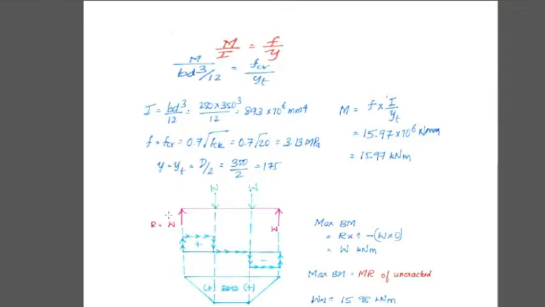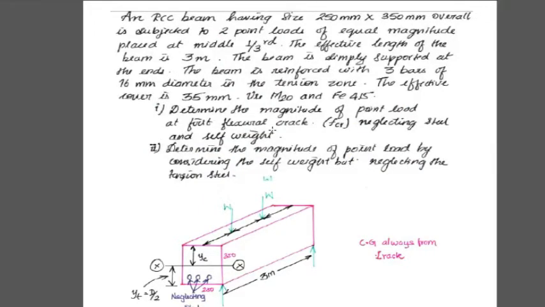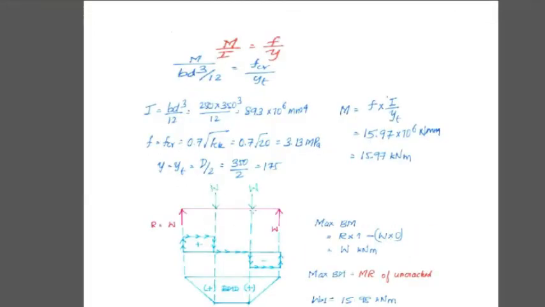Then in case 1, they are giving two point loads, each at a distance of 1 by third into 3, so each distance is 1 meter. The maximum bending moment occurs at the first flexural crack. This is the case here at first flexural crack, only two point loads, neglecting all the self weights. So we have to find the maximum bending moment at this point.